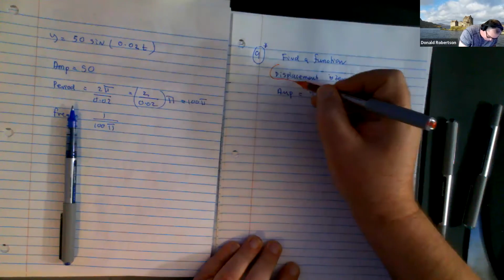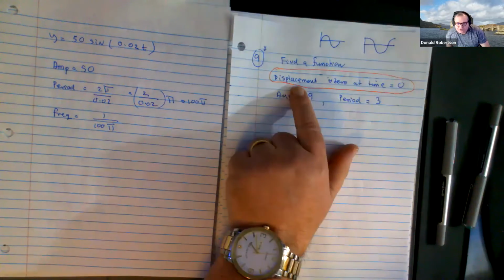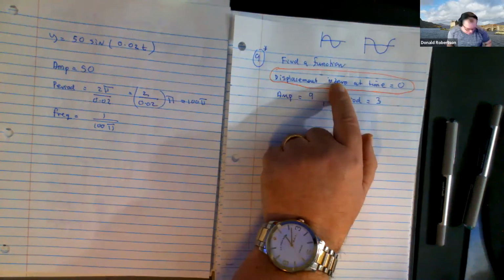So let's start with the first one. A very weird way of phrasing it. And what you've got to realize is that a sine function looks like that, right? And a typical cosine function looks like that. The displacement is 0 is basically saying the value of y is 0 when time is 0.